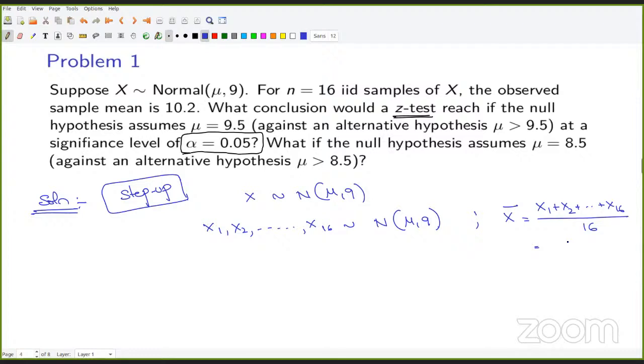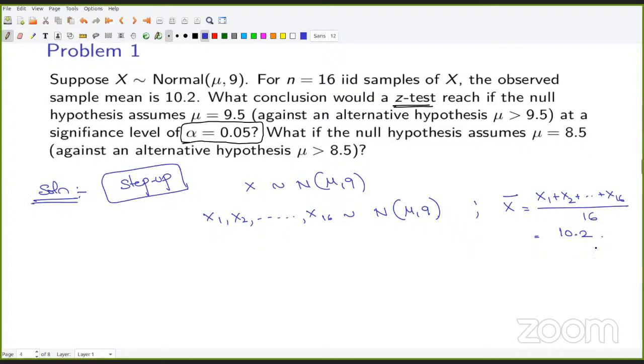Okay. So the sample mean is given to us, which equals 10.2. Now the question is, what conclusion would a z-test reach if the null hypothesis is mu equals 9.5? So we also gave you the null, which is 9.5. So this is all set up before we compute the problem.